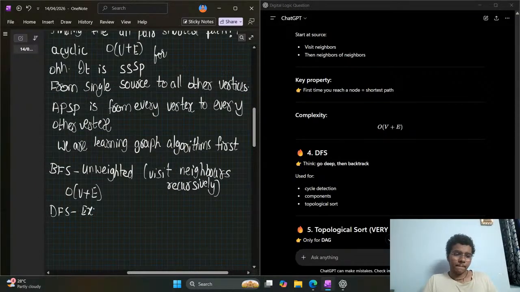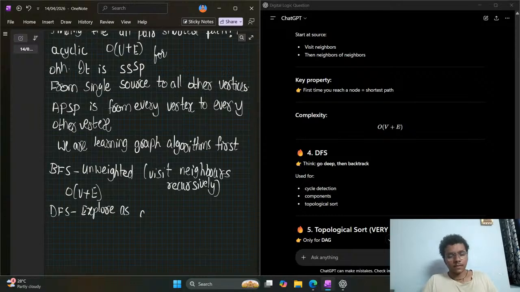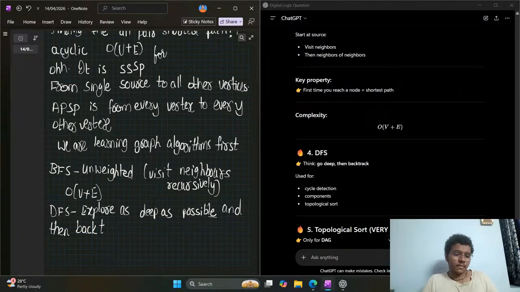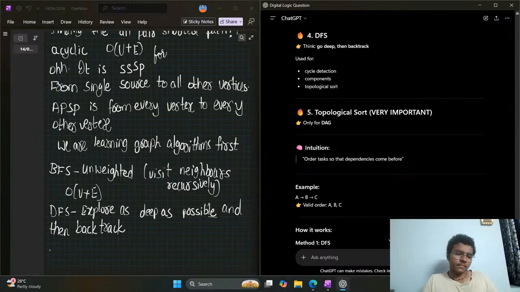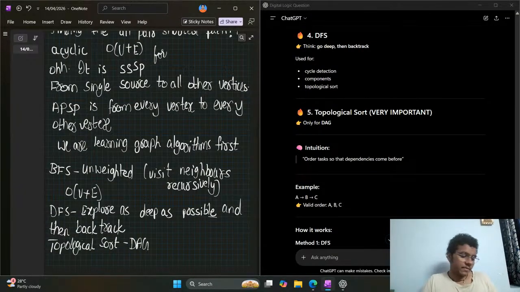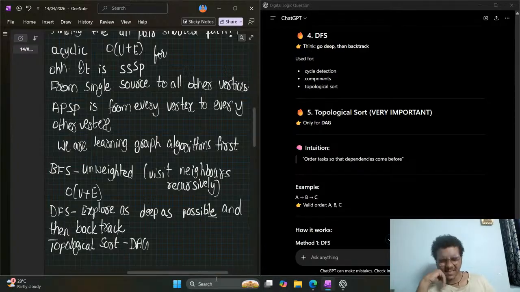DFS explores as deep as possible and then backtracks. Topology, diagonally for directed acyclic graph.